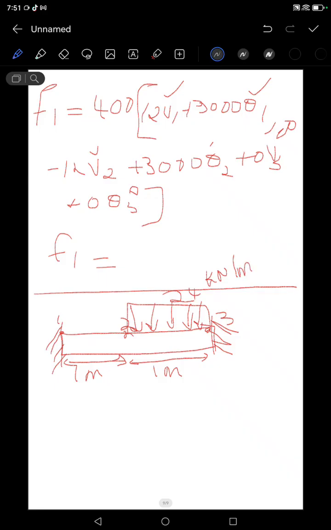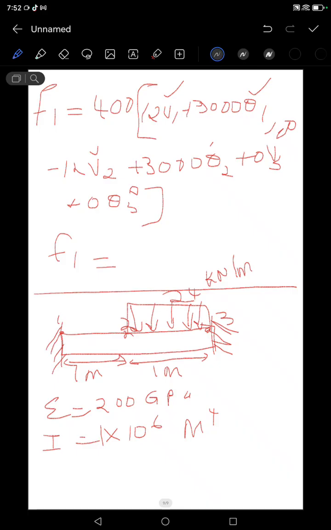The E is given as 200 gigapascal, and the moment of inertia is given as 1 times 10 to the power of 6 meter to the power of 4.